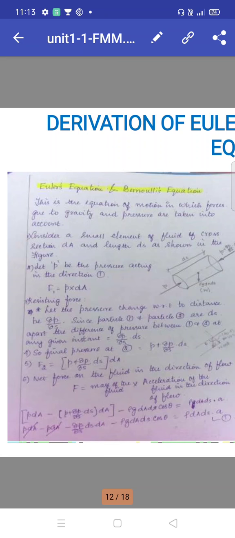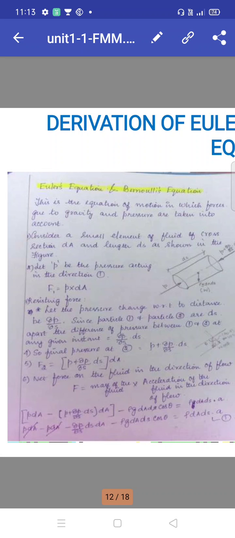Take the pressure acting in the direction, so pressure into dA in the small section. Then the existing force, the pressure change with respect to distance, dP by ds.